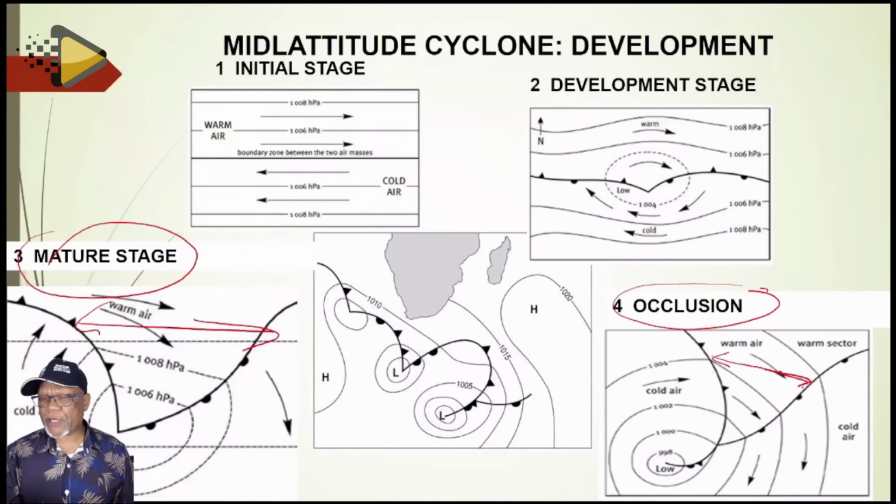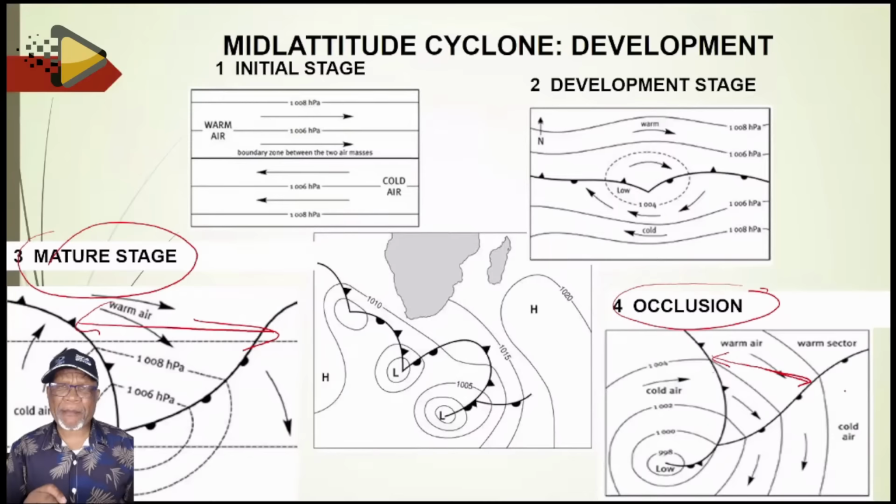Why does the cold front catch up with the warm front? They are moving in the same direction. Both fronts are moving in the same direction, from west to east, because this is a mid-latitude cyclone. But you can see the steepness of the front here. The front here is steeper, but the front here is more gentle.